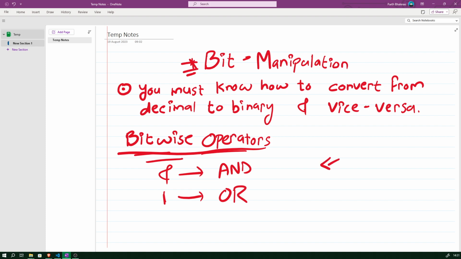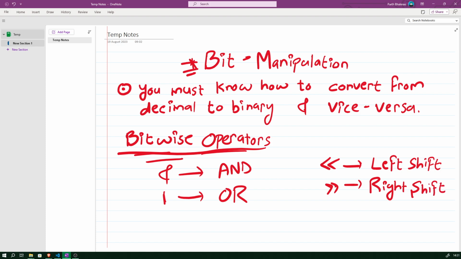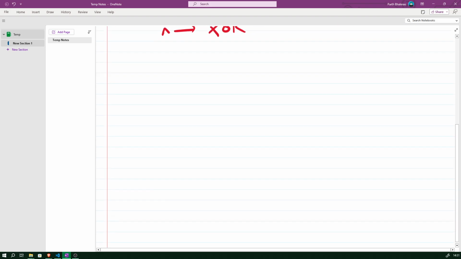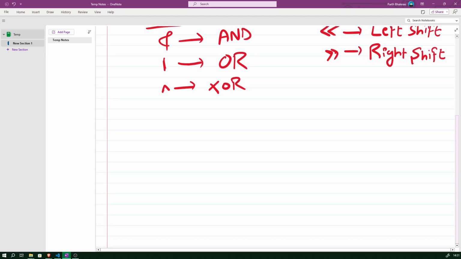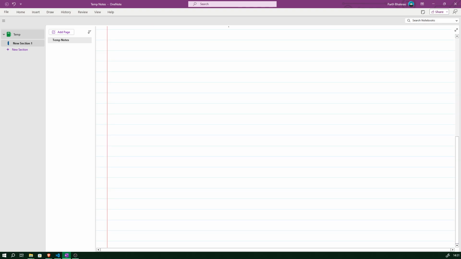Another is left shift, and another is called right shift. And there is also one more, which is XOR. We can discuss these in detail one by one.